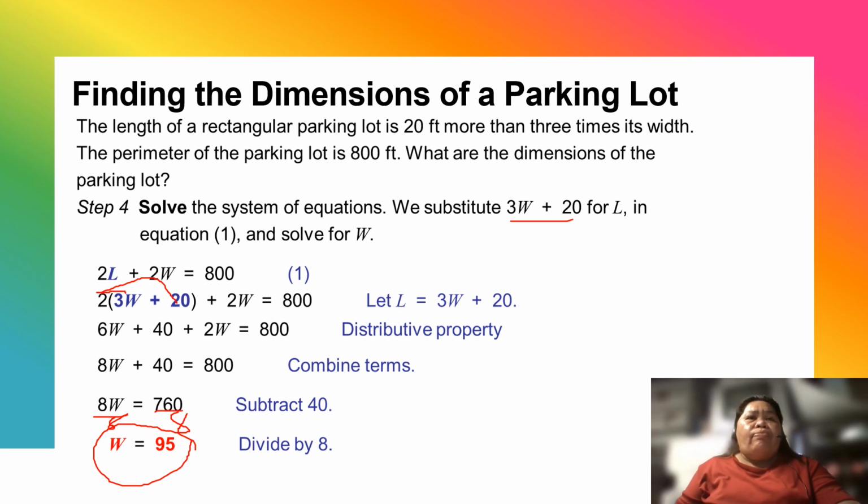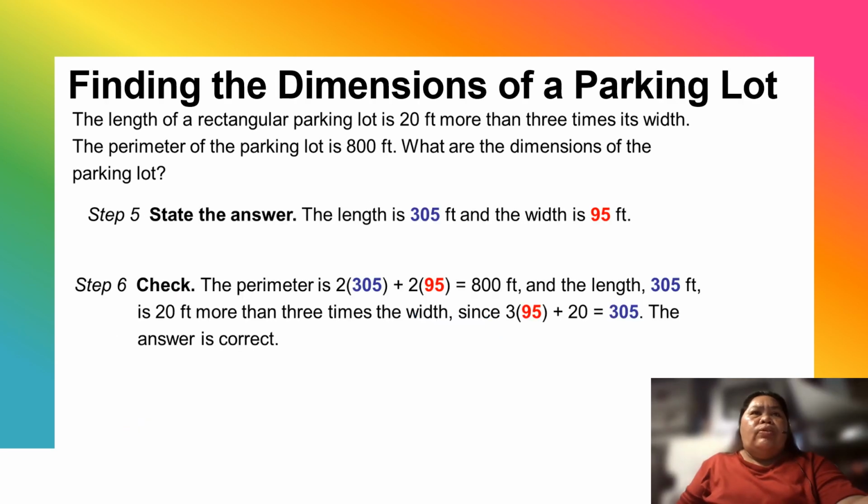Okay, that's it. So, to summarize, we solved for W using the formula of the perimeter. So, let us solve for L. From the equation, L equals 3W plus 20.